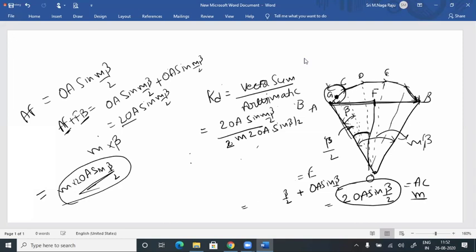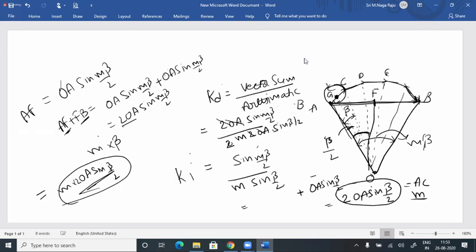So 2 gets cancelled, OA gets cancelled. That is sine M beta by 2 by M into sine beta by 2.